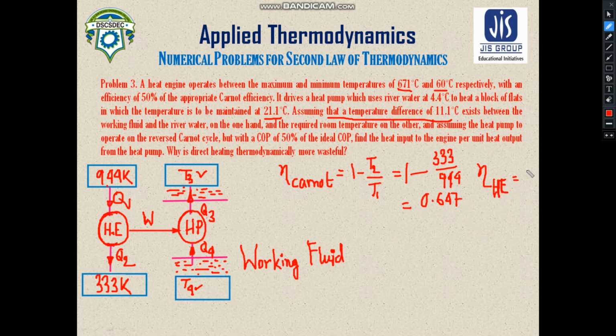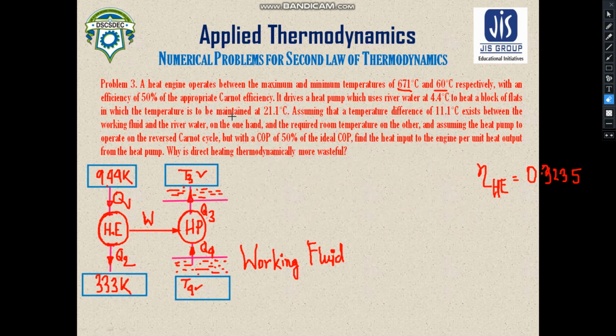The efficiency of the heat engine would become 0.3235. Okay, now we have found out the efficiency of the heat engine, right? So I can clear this up.